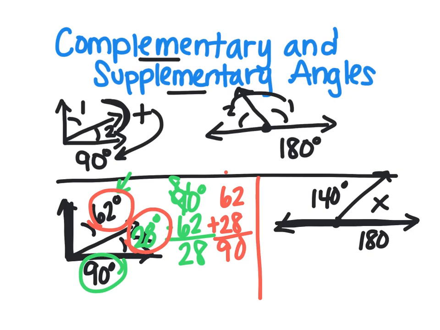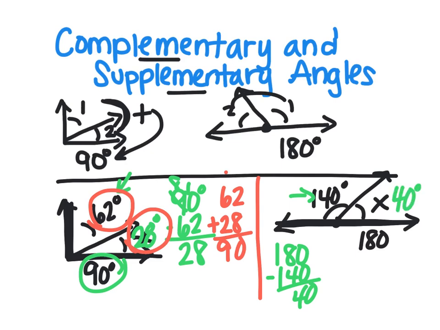These two angles form supplementary angles because both of the angles added together will equal 180. So again, I'm going to take what I know, which is 180 degrees, and subtract the angle that I have, 140 degrees. And when I subtract it, I get 40 degrees. So angle X is 40 degrees.